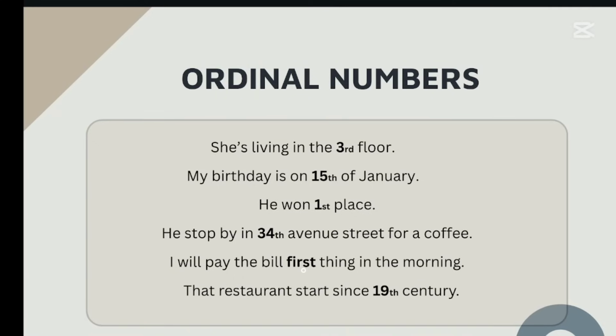Again, ordinal numbers are used to specify the position of something within a sequence or a list, while cardinal numbers represent the quantity or amount. That's why we use only 1, 2, and so on.